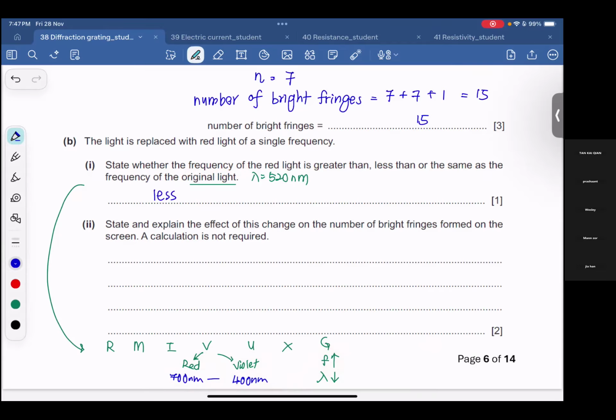Behind here, I write down why: because the wavelength of red color is 700 nanometer, while the original is 520 nanometer. So the frequency of your red color should be lower than the frequency of your original wavelength.